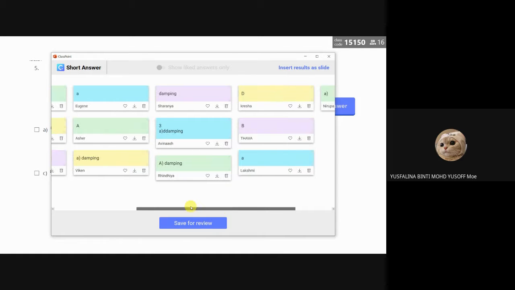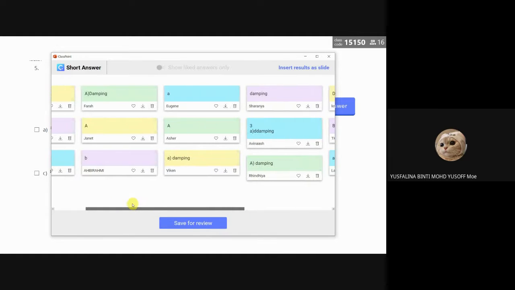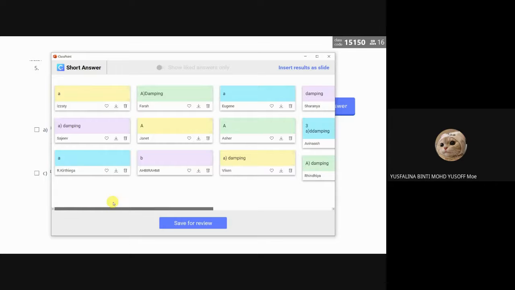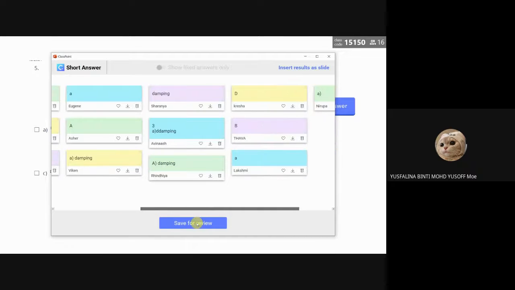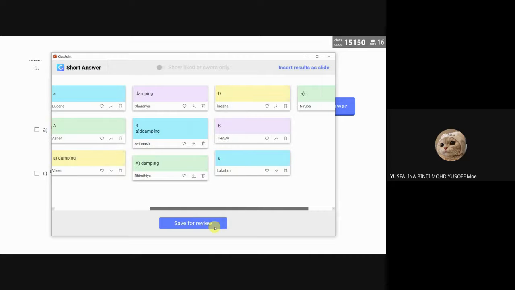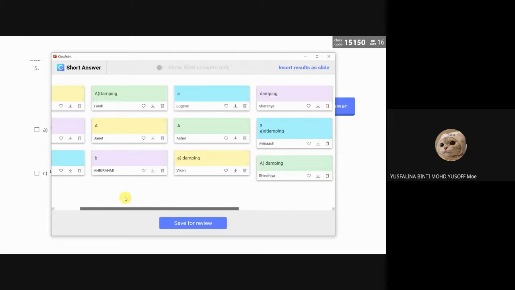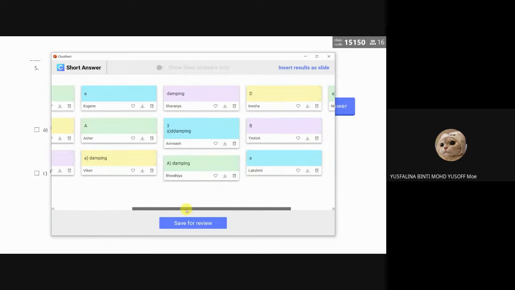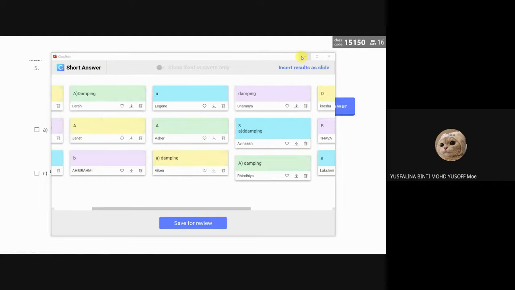D, D, B, A. So mostly you got A, but some answered B and also some answered D. Let's see the correct one.